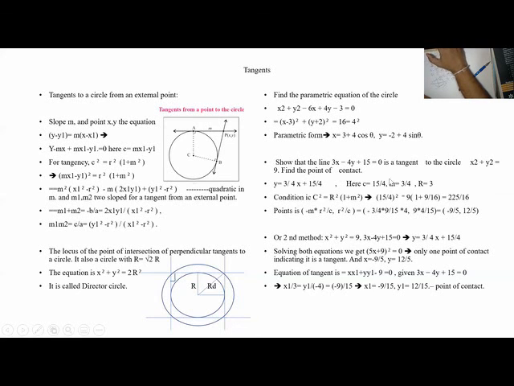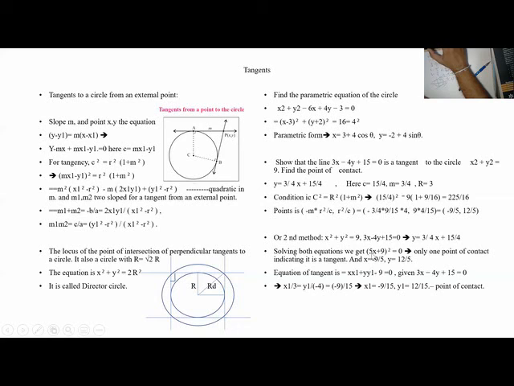Now suppose this is the formula method. I want to go by the rough method. What I am saying is, I substitute y into this, because the junction point will be common to both. So here y is 3 by 4 x plus 15 by 4. Substituting this y into x square plus y square equals 9, I solve for x and then get y.